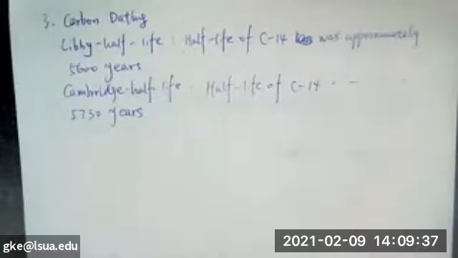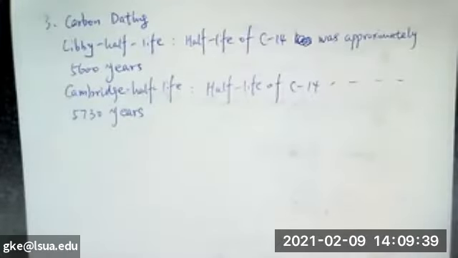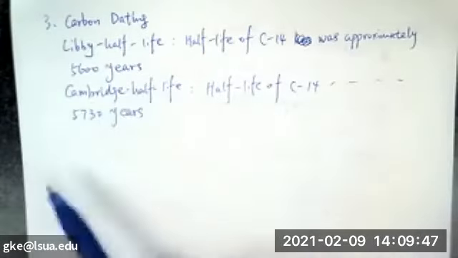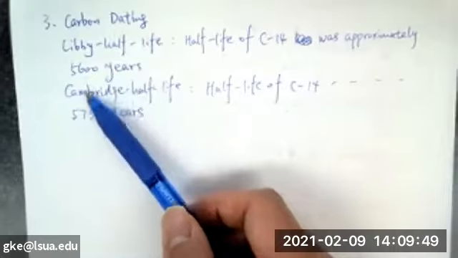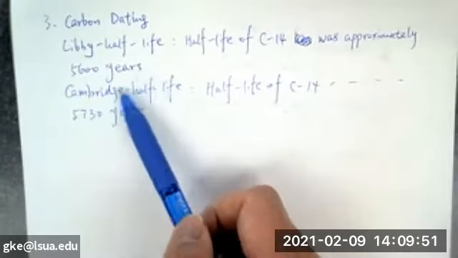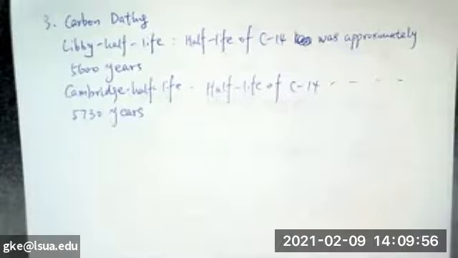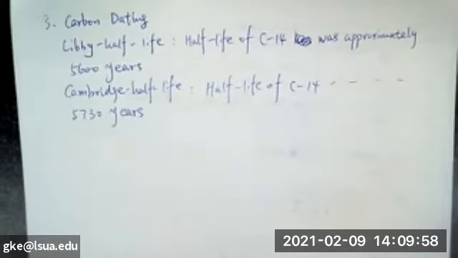Okay, so we have two different half-lives. One is the Libby half-life, and another one is the Cambridge half-life. The first one is 5,600 years, and the second one is 5,730 years. So let's take a look at the questions.